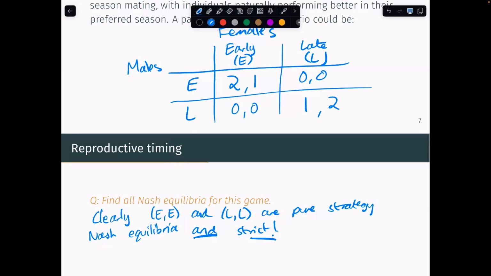But you can intuit that if all males and all females were mating in the early season, and a rare male or a rare female decided to mate in the late season, they would have no mates, right? Likewise, if everyone was mating in the late season, being the only one that mated in the early season would clearly be disadvantageous. You would need a sufficient number of individuals switching. So there is a certain sense of evolutionary stability in this model, even though in our formal mathematical sense, we can't really assign it here.